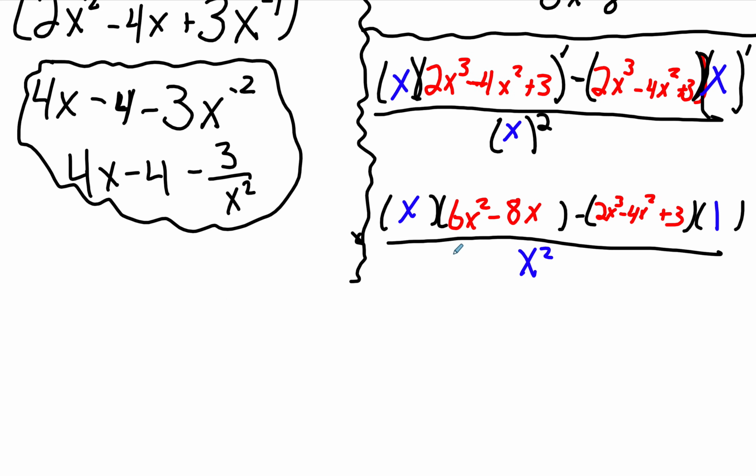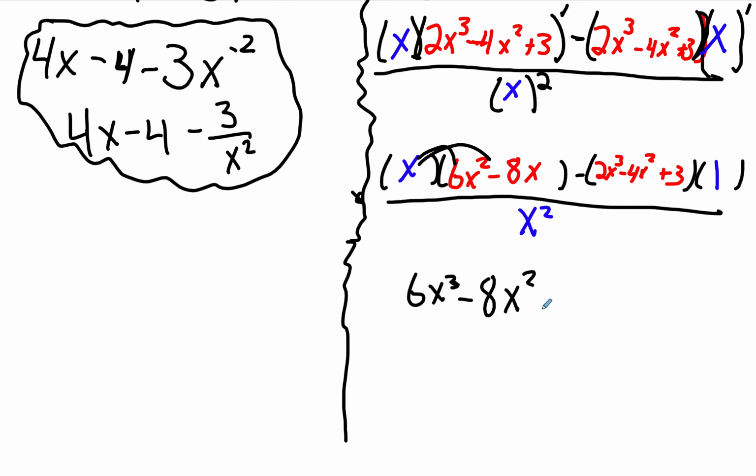Now I'm going to distribute, and here I'm going to go back to black. So I've got 6x cubed, minus, make sure we see this is a cubed, minus 8x squared. Now, here's the one thing I like. I'm really proud to say that 100% of the people who did it this way got your symbols correct.